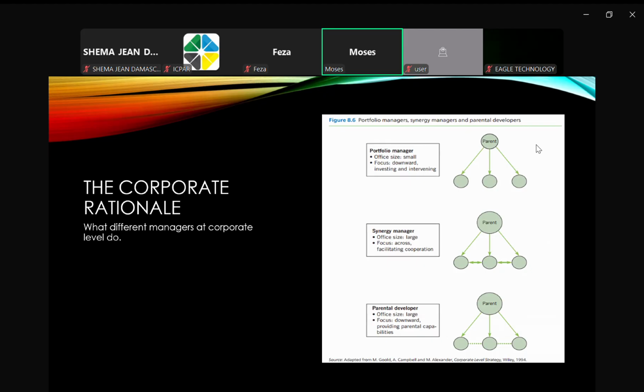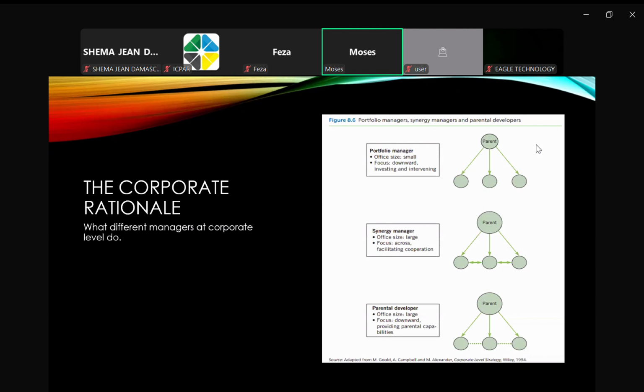A conglomerate is a company that has multiple investments, and therefore there is a center that is supposed to make decisions about those kinds of investments.